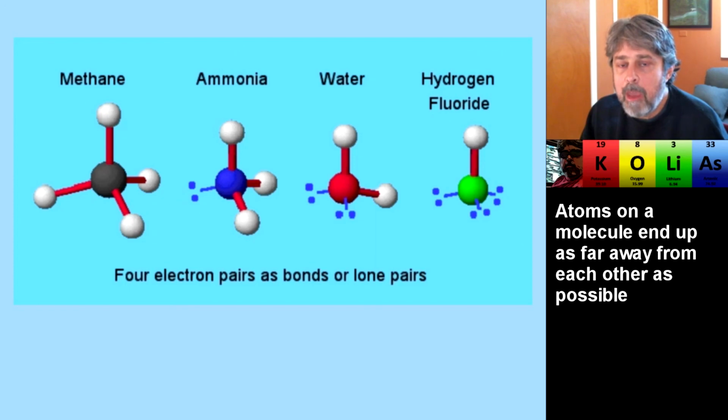But remember that F is going to have 3 pairs of unshared paired electrons, the blue dots, and again, those would be where an attached atom would be. So again, the entire thing with the unshared pair of electrons takes on a tetrahedral type of shape.